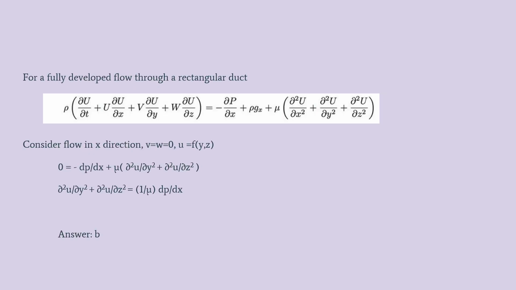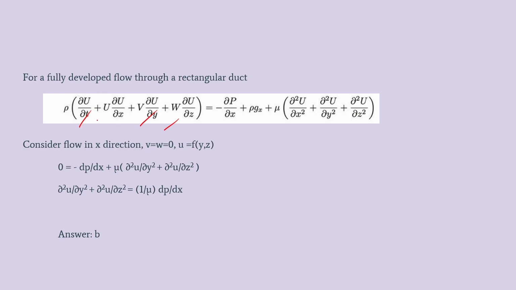So we can consider the momentum equations in x direction. In x direction, our velocity component is u. Then considering v and w components to be 0, these values become 0.